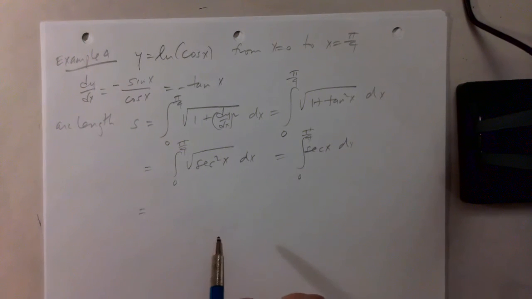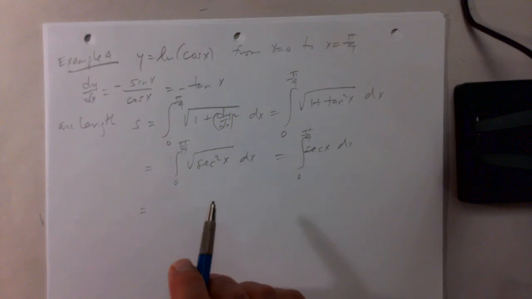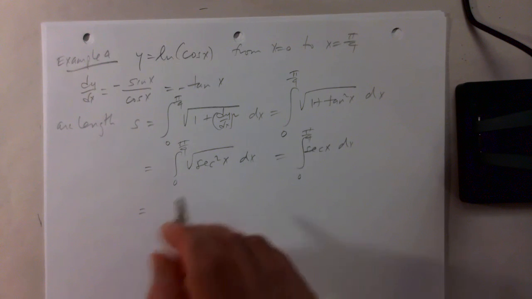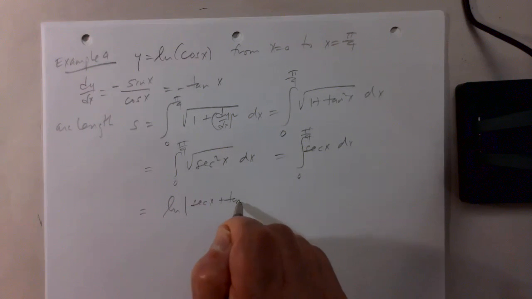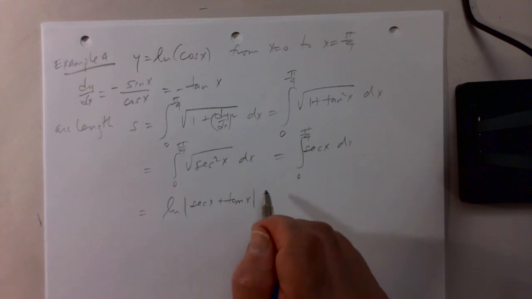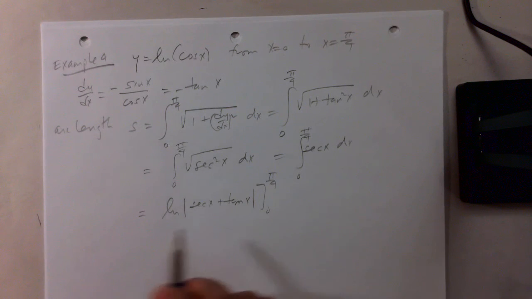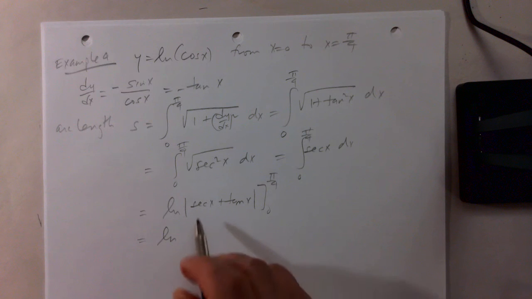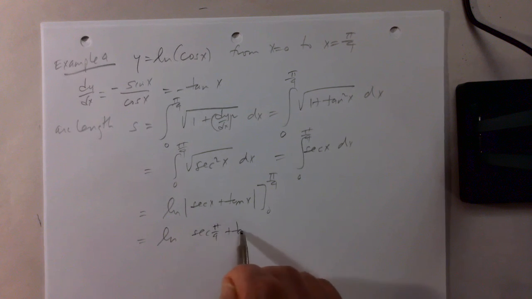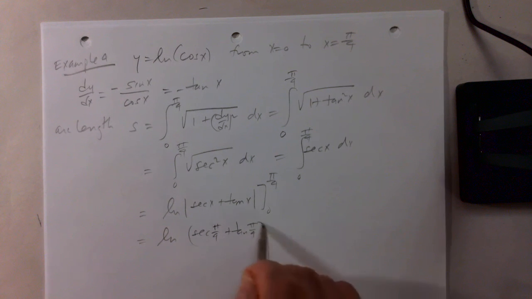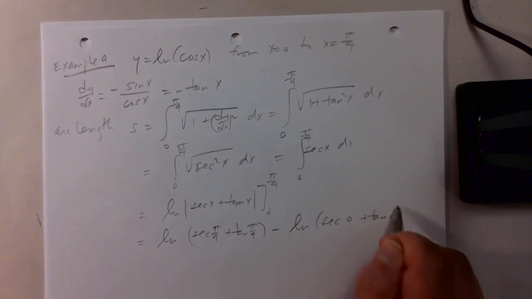Now, you might not remember what the integral of the secant of x is, but you can look it up if you don't remember. There are tables in the text of all these simple integrals. This is the natural log of the absolute value of secant x plus tangent x. And we're evaluating this from 0 to pi over 4. So this is the log of the secant of pi over 4 plus the tangent of pi over 4 minus the log of secant of 0 plus tangent 0.